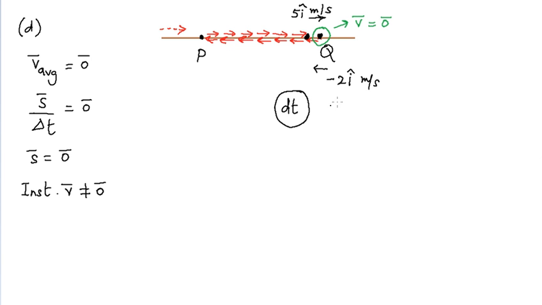Just after that time interval dt, the particle's velocity suddenly, before you can blink your eyes, has become minus 2 i cap meters per second. So this is an example where from 5 i cap meters per second, the velocity suddenly became minus 2 i cap meters per second without becoming 0 in between.